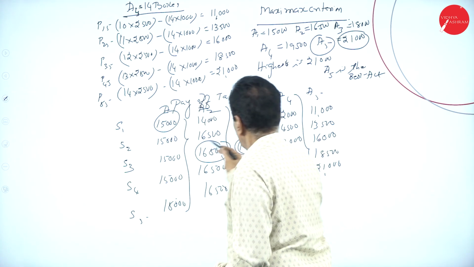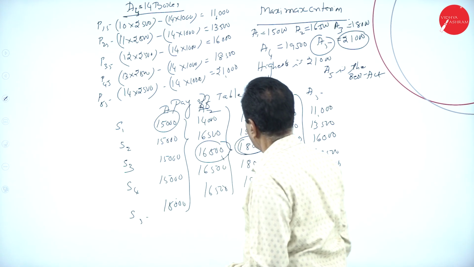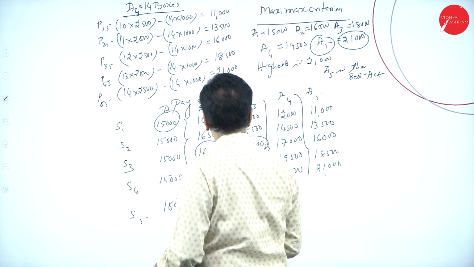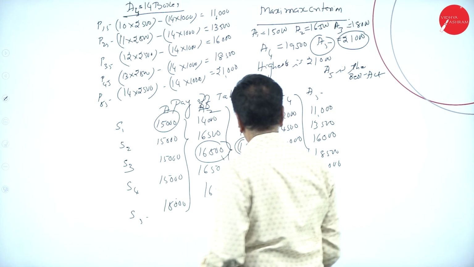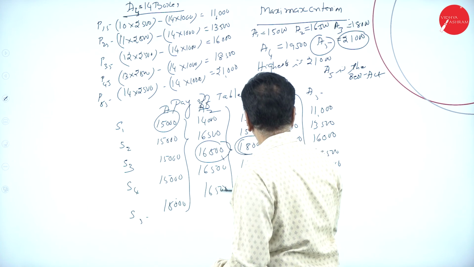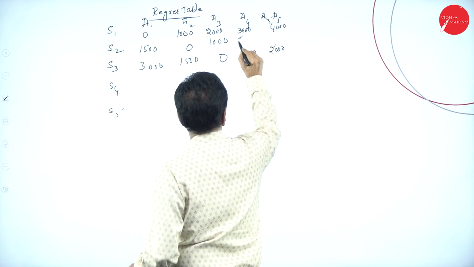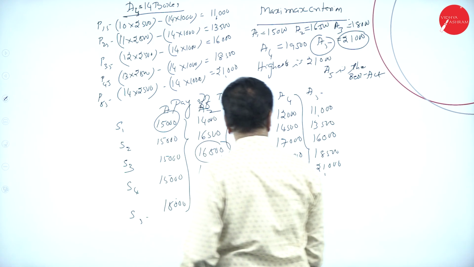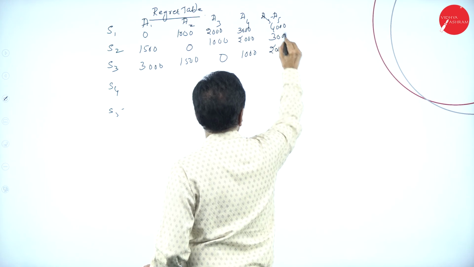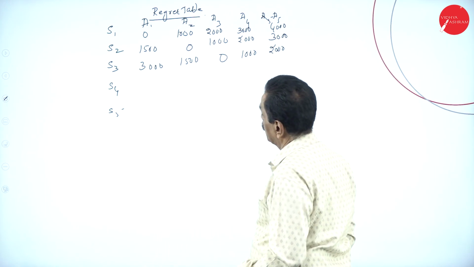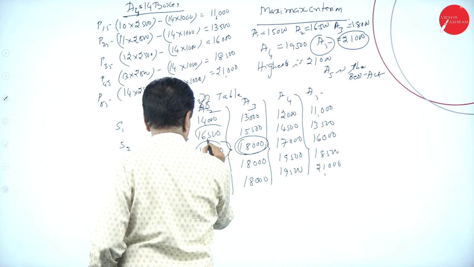S2: you got 16,500, 0. 15,500 means 1,000. Then 14,500, 2,000. 13,500, 3,000, the lowest one. S2, S3 over. S4, this is your highest.